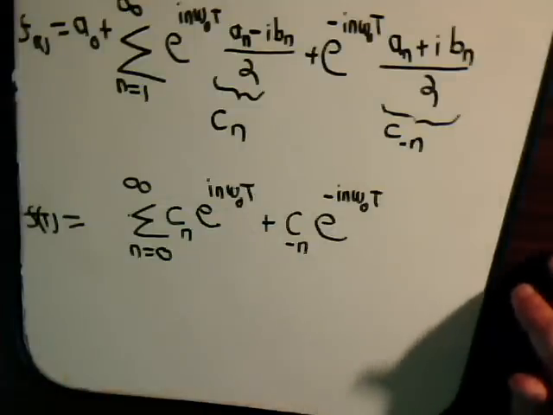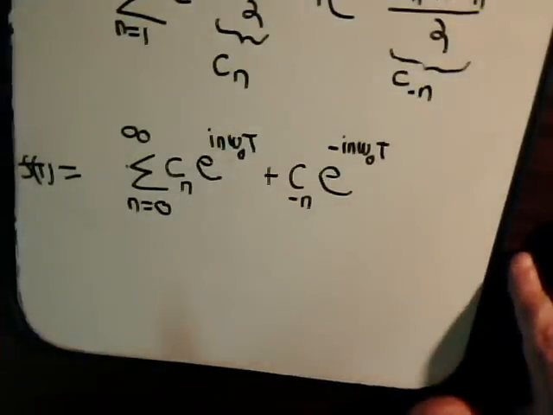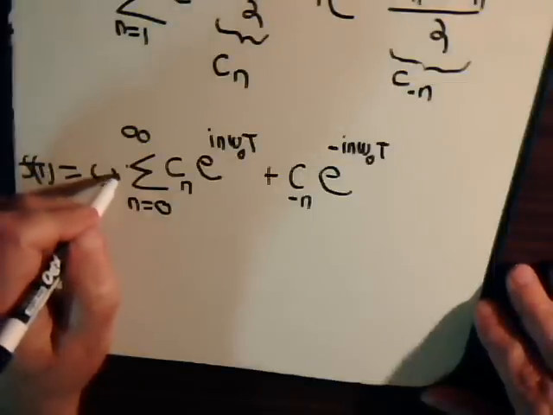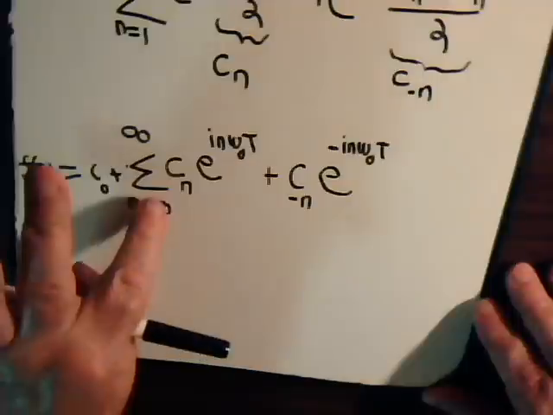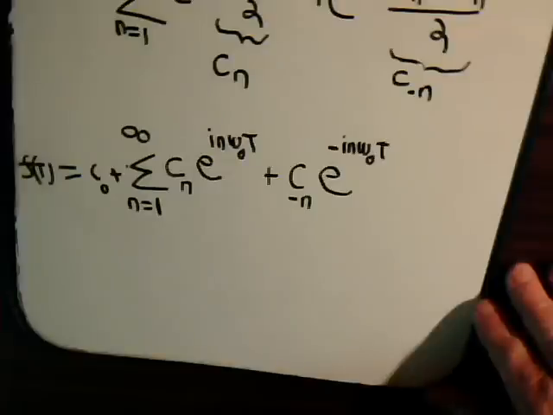Now, let's take a look at this some more. And actually, before we do that, let's go back. We had c0, and we were summing over both of these from n equal 1 to infinity. But let's split this up.